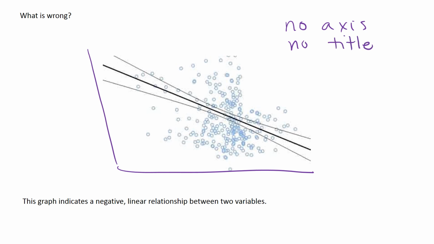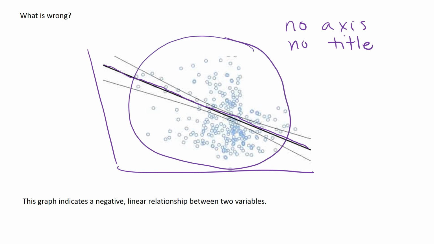The next thing is that there's this negative slope that's drawn in, but really, because they're all scattered in a circle, we could have easily made the line like this, and it would have looked like it fits too. So these lines here that are drawn in, these three here, are deceptive. I say the points are all scattered about.